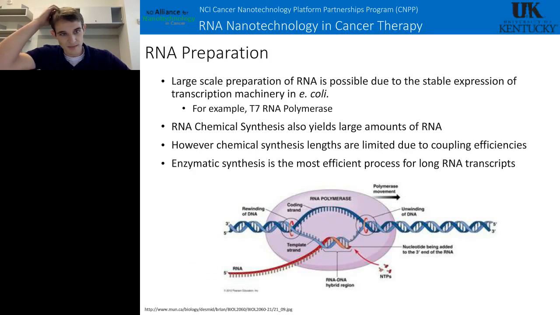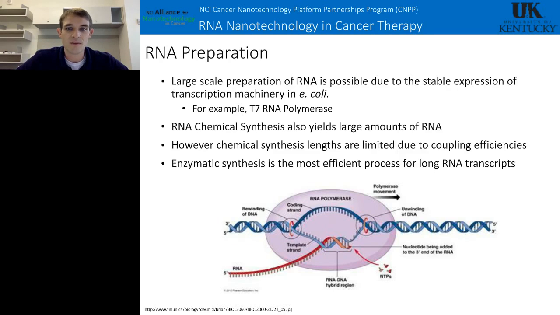So how is RNA made? I would say one of the most common methods is using transcription machinery that is isolated from E. coli, for example, the T7 RNA polymerase. Another popular method, one we also use in our lab, is using chemical synthesis.